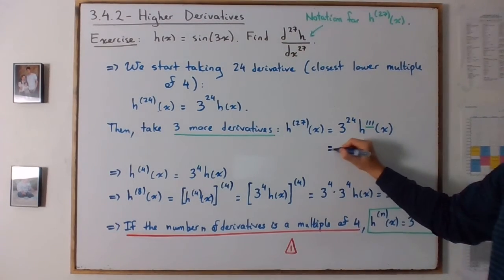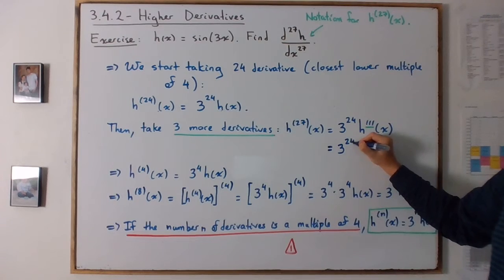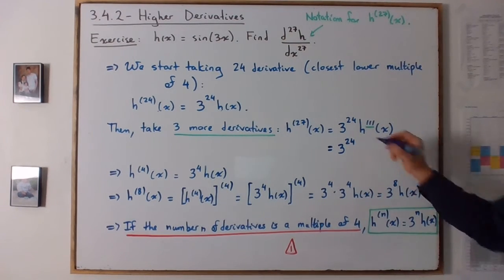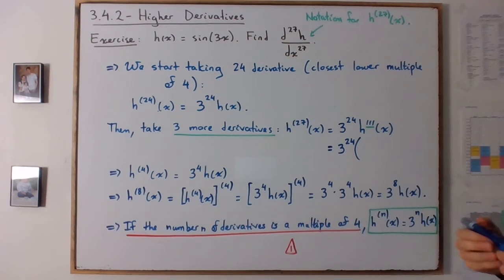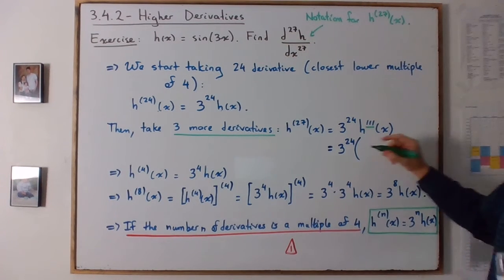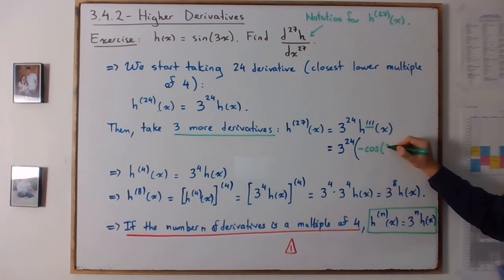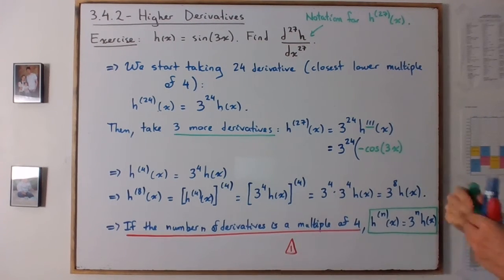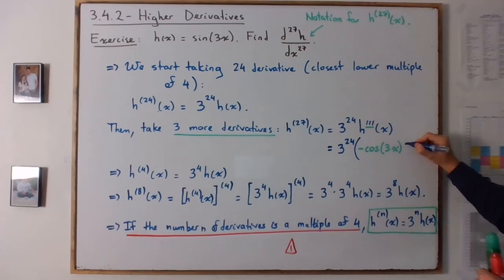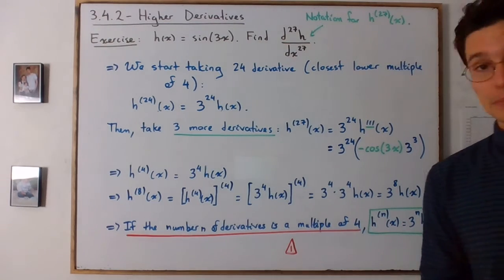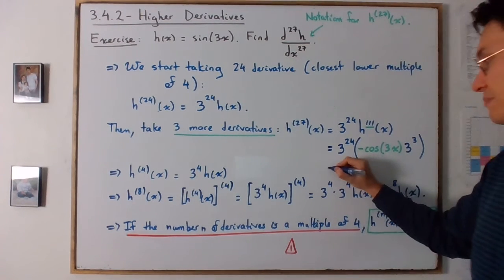So you're going to have 3 to the power of 24. And what we found out, unfortunately I had to erase it, was that this third derivative was negative cosine of 3x times 3 to the power of 3. Remember, it's what I erased. Now, of course, you have to simplify your answer.